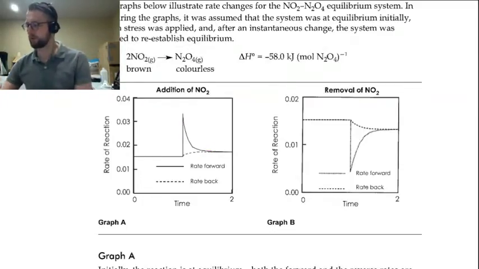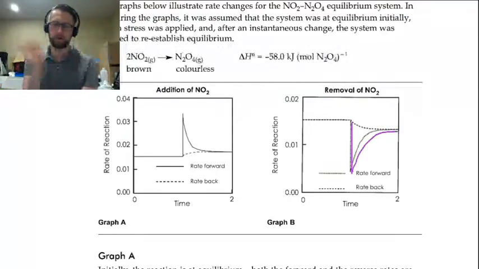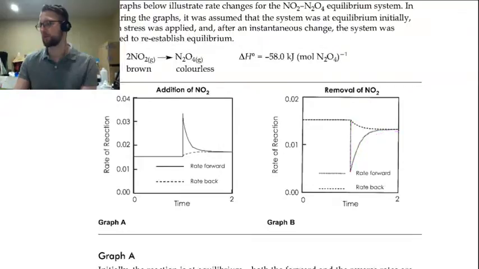If we were to remove a reactant, we would see a speed drop, and then that chemical reaction would respond by refilling, responding to that loss of that chemical. And in the end, you would notice that the drop in rate would only be minimal.